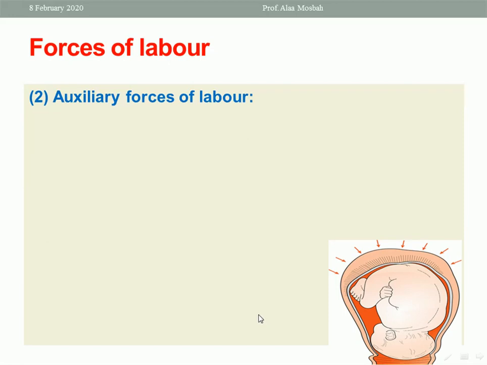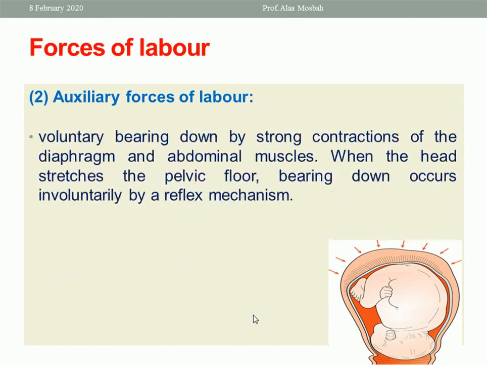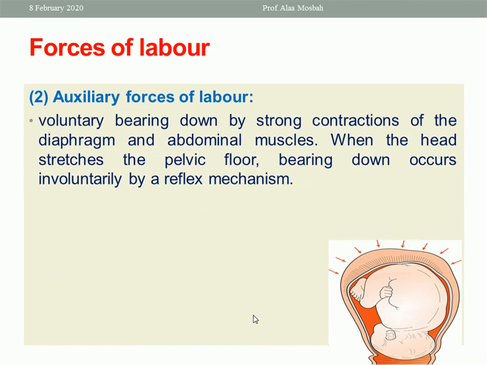The second force for labor is called the auxiliary force of labor. Voluntary bearing down by strong contraction of the diaphragm and the abdominal muscles. When the head reaches the pelvic floor, bearing down occurs involuntarily by reflex mechanism.